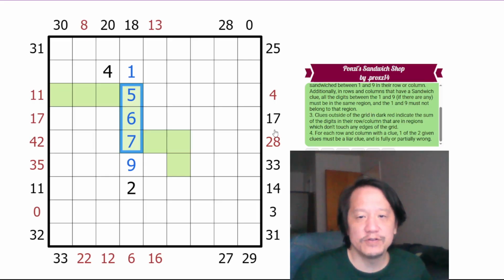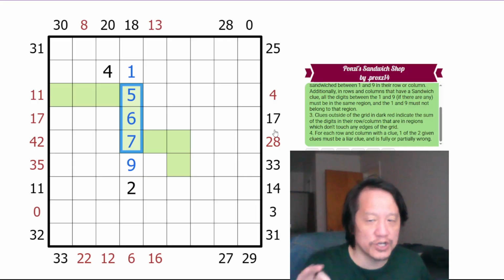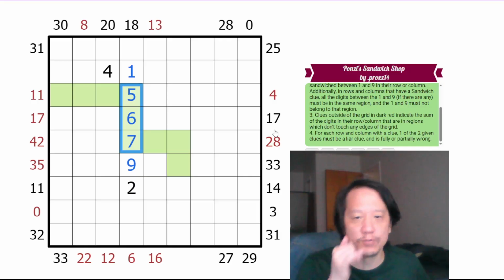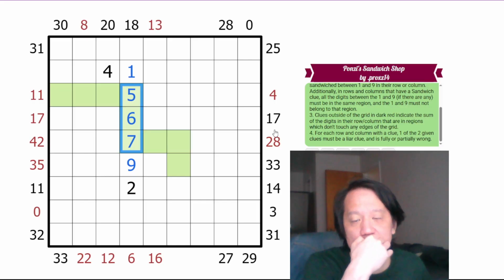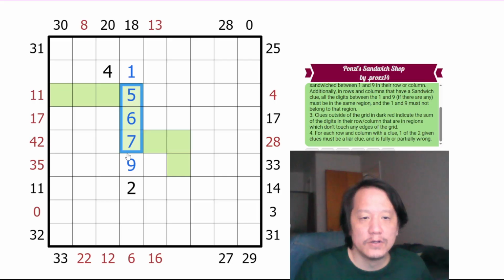We also have clues outside the grid in dark red that indicate the sum of the digits in the row or column that are in regions which don't touch any edges of the grid. Okay. That's interesting. So, what does that mean?